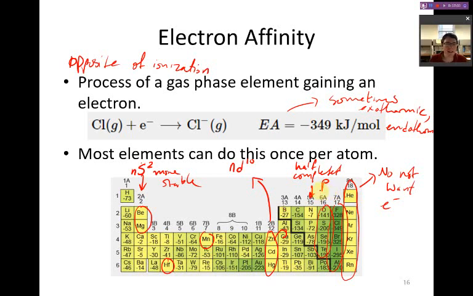We can also see that, generally speaking, as we go from left to right, the absolute value of the electron affinity tends to increase. So they tend to get larger as we go to the right, but they tend to get smaller as we go from top to bottom.